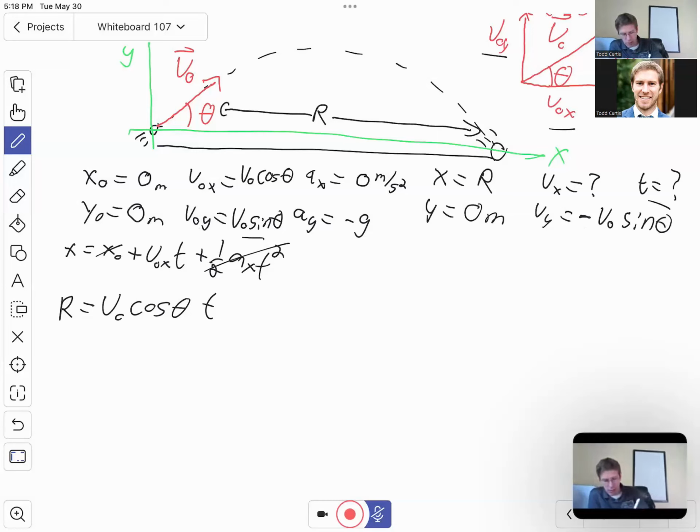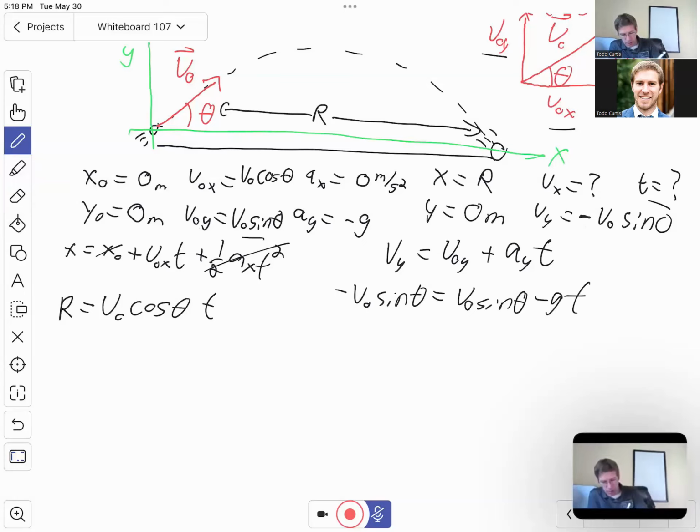And so then I can use my first kinematic equation that says Vy final equals V initial y plus Ay times time. And so what we would have is negative V initial sine theta equals V initial sine theta minus G times time.